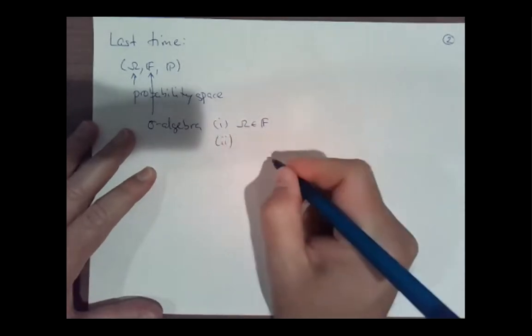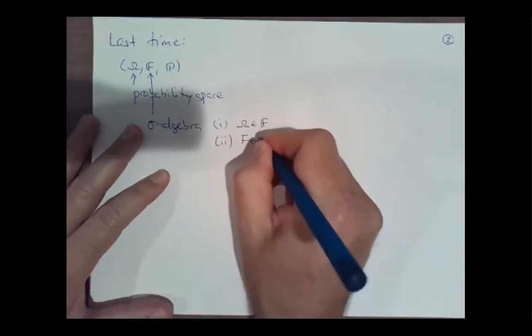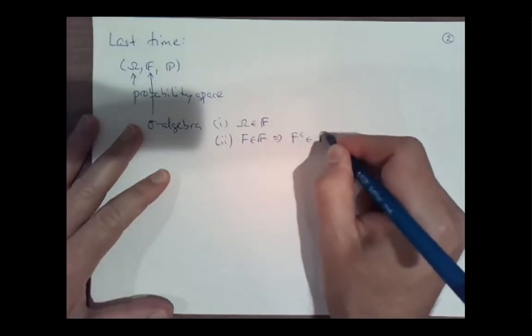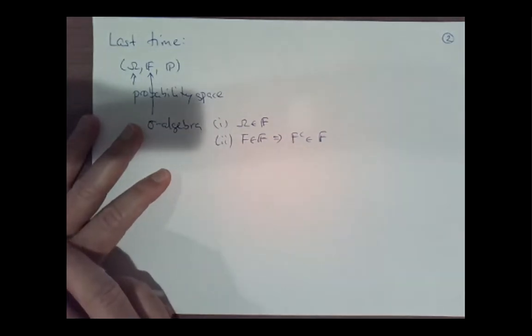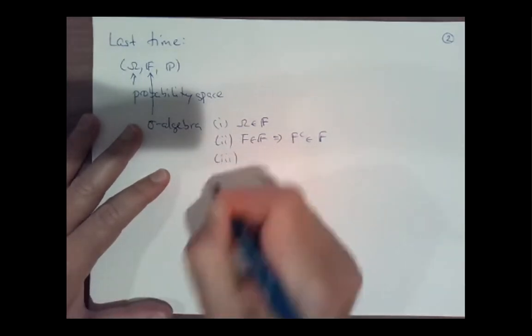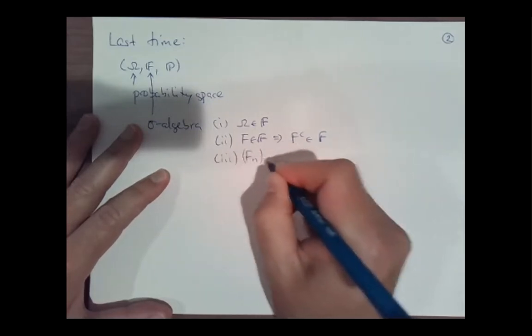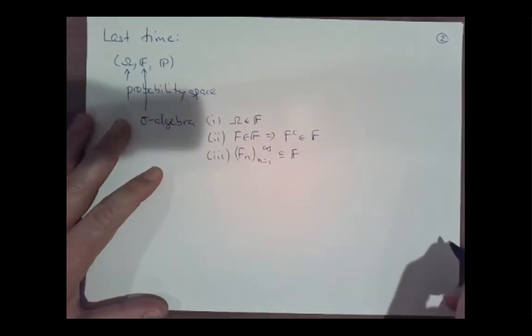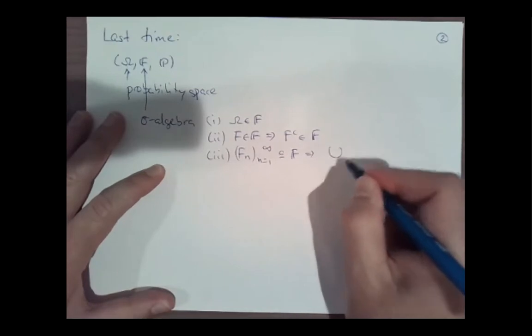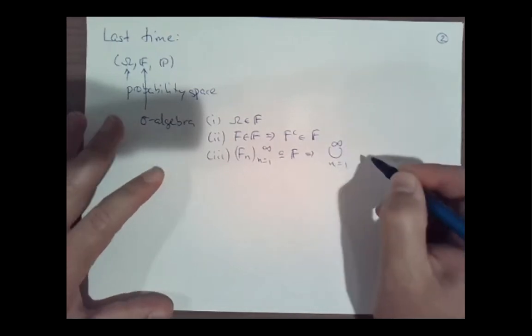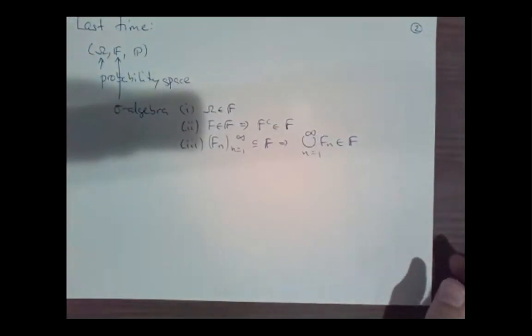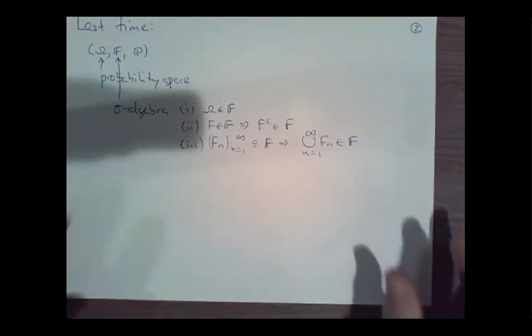The second was that if I take a set in there, then the complement is also in there. And the third property was that if I take a sequence inside F, then the union of that collection of sets is also an element in there. So that's what it means to be a sigma algebra.